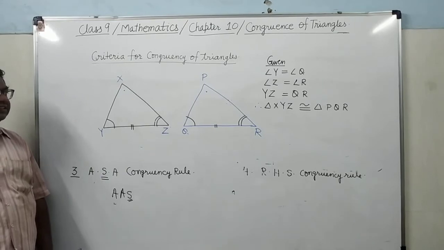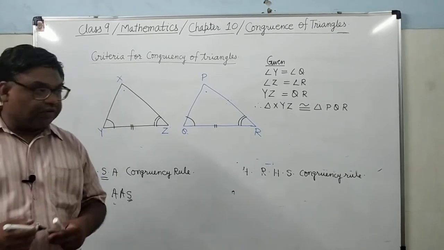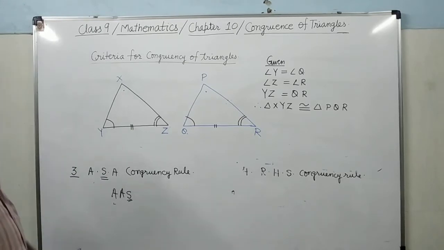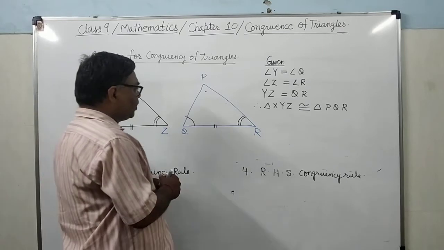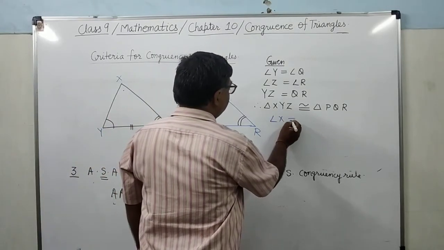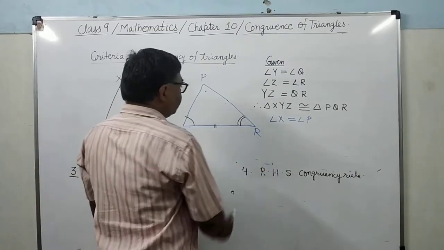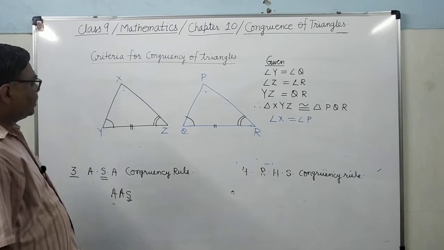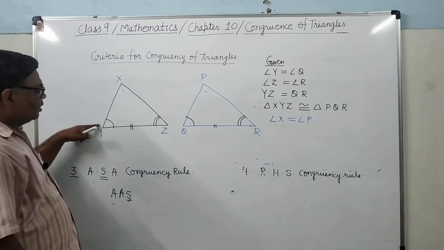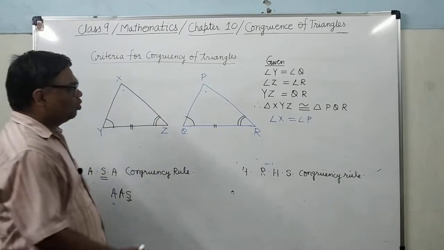By ASA criteria. Now what are the left parts? So left parts are one angle and two sides. Here which angle is left? Angle X. So angle X will be equal to angle P. Then you see the corresponding sides. XY is touching this and this. Here it will be PQ.